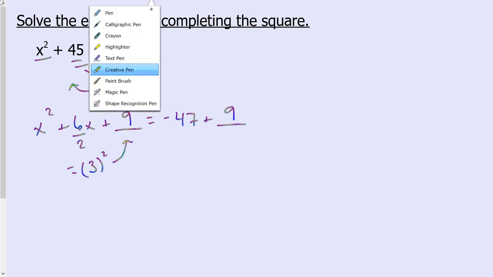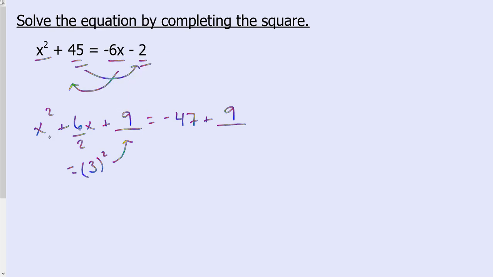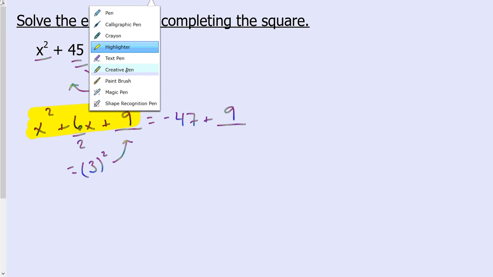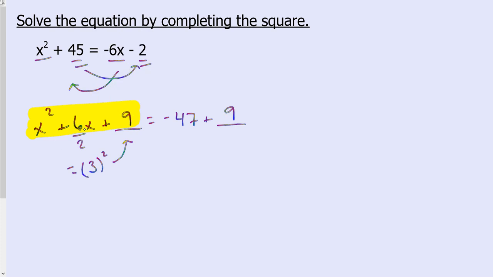So now I have this trinomial that I've created that is a perfect square factorable trinomial. Okay, let me get that exponent in there too. I was feeling left out and lonely. So x squared plus 6x plus 9 is going to factor into x plus 3 quantity squared. Over on this side, we've got negative 47 plus 9.